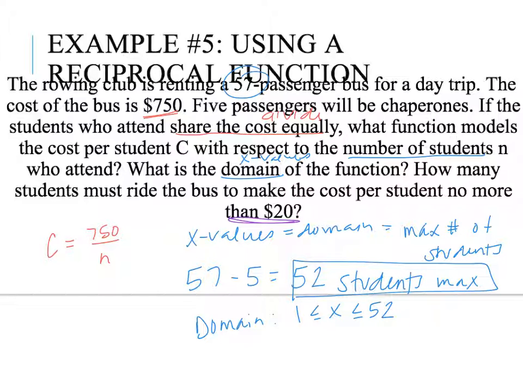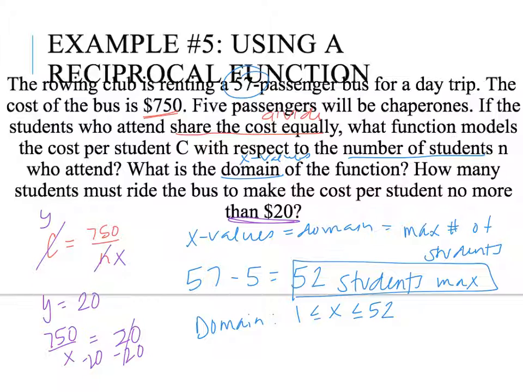We have c equals 750 over n, which let me go ahead and change to y and make this an x. And then the other one is basically saying y is equal to 20. So in other words, now we're setting 2 functions equal to each other. So 750 over x equals 20. What I want to do is put everything on one side. So I'm going to subtract 20 over.